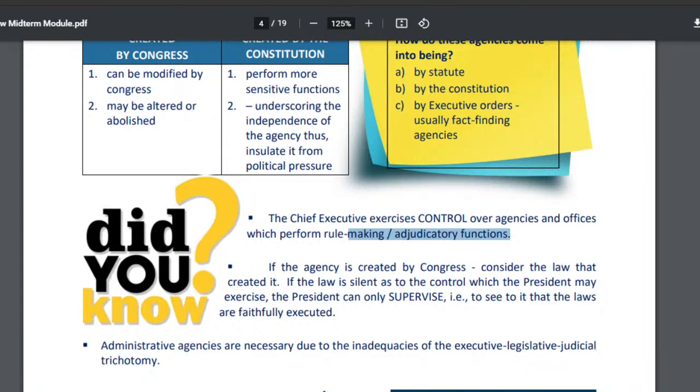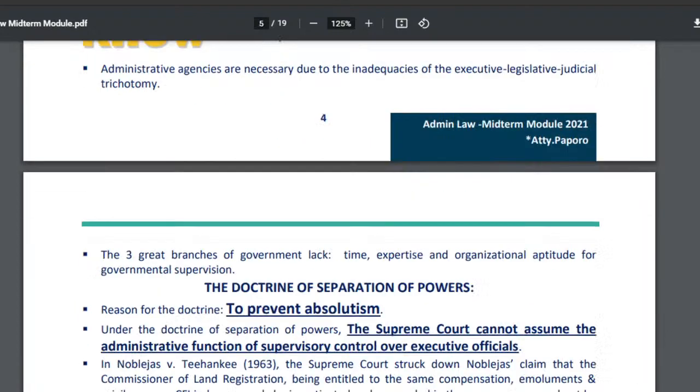Okay? Again, if the law is silent as to the control which the President may exercise, the President can only supervise and see to it that the laws are faithfully executed. Administrative agencies are necessary. They are very important due to the inadequacies of executive, legislative, judicial trichotomy. I already mentioned this earlier.